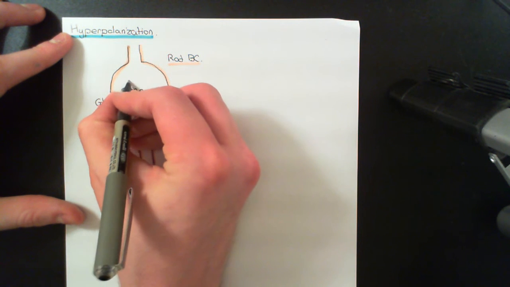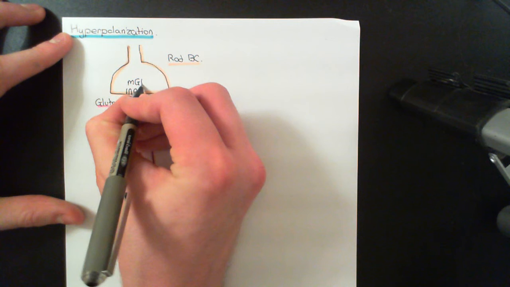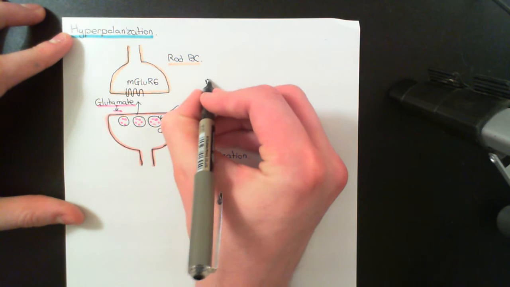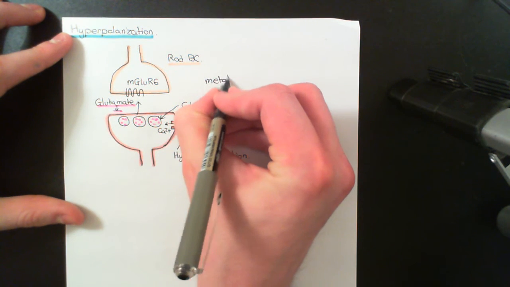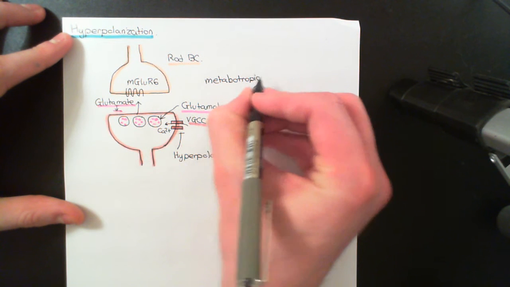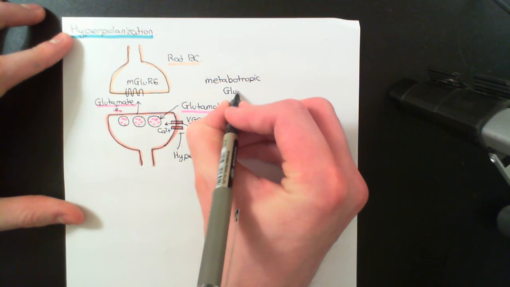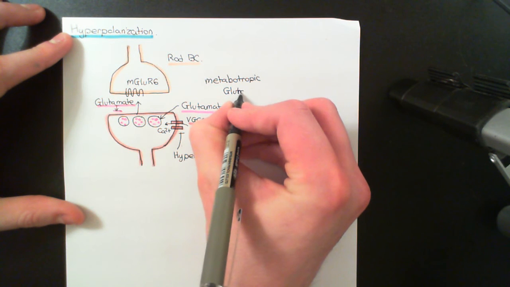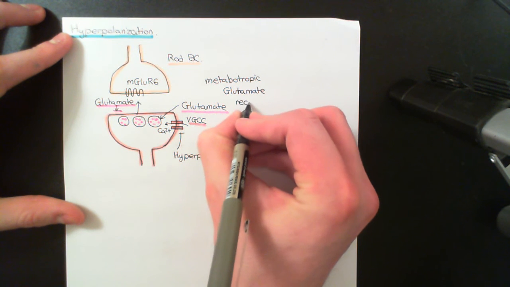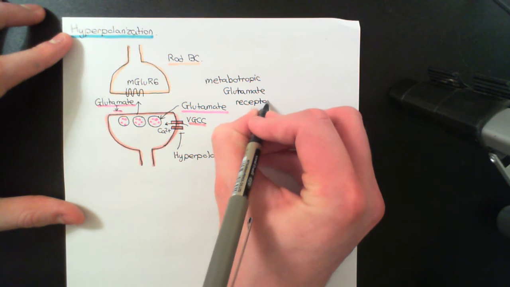And this is a receptor by the name of mGluR6. So what does this stand for? Well, the M stands for metabotropic, the GLU stands for glutamate, and the R for receptor, so it's the metabotropic glutamate receptor 6.